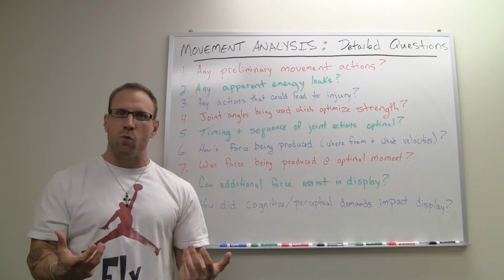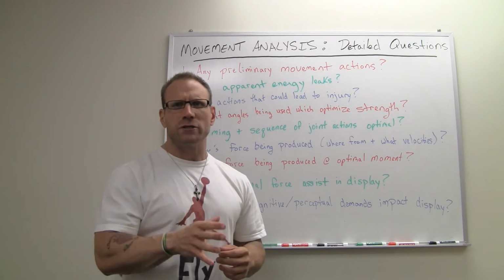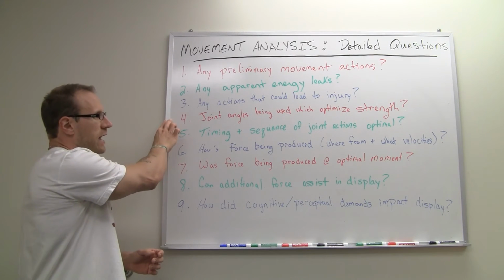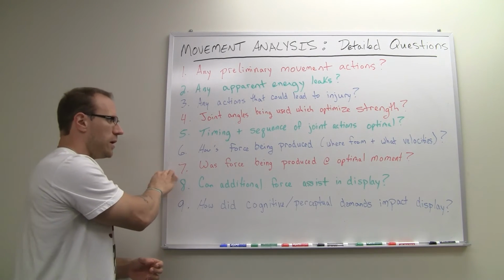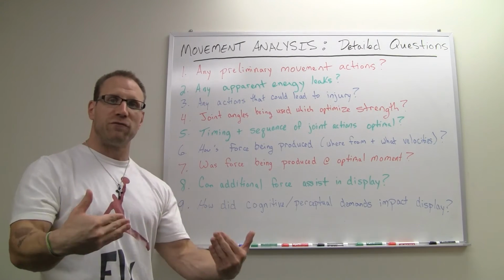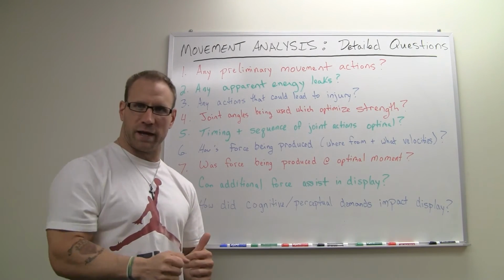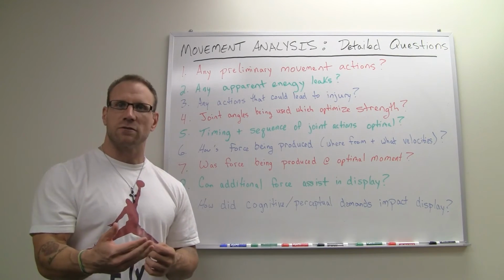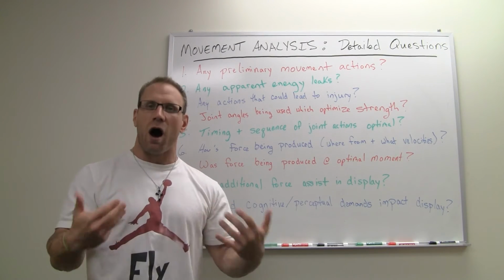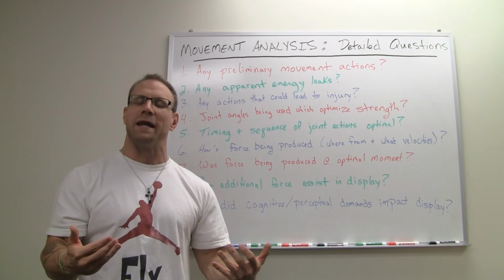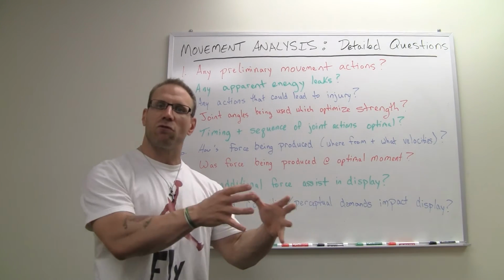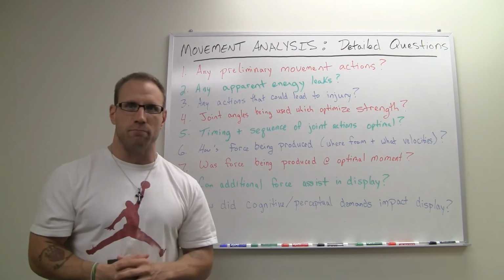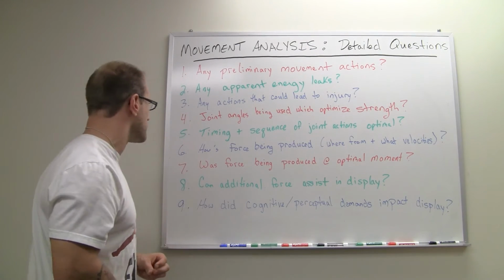So we don't want to have any wasted movement actions, but we want to ensure that we're utilizing the actual joint angles that are going to optimize strength, and that will allow us to produce force at the most optimal moment in the sport movement action. We see a lot of athletes overexert themselves at certain regions of the actual production or movement action that then throws off or sways the display of the entire movement pattern. So something vital for us to think about.